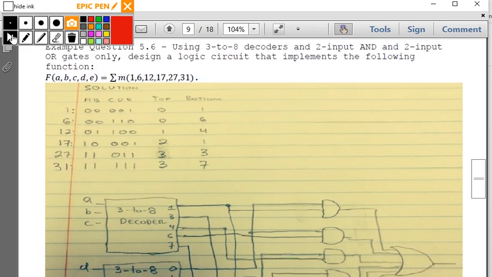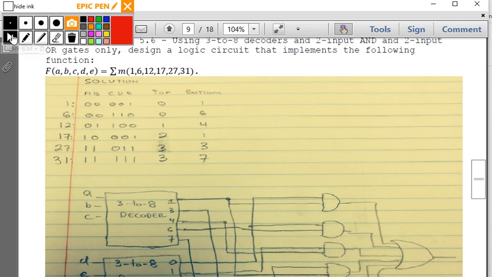So what I've done here is I've broken my truth table. Since I'm only allowed to use 3 to 8 decoders, I have the least significant 3 bits going to one 3 to 8 decoder. And then I have the most significant bits, AB, going to the first 2 bits of another 3 to 8 decoder, and the other input is held at 0.